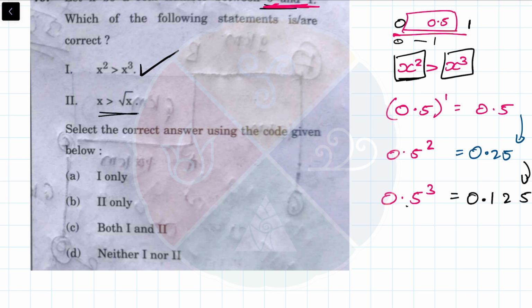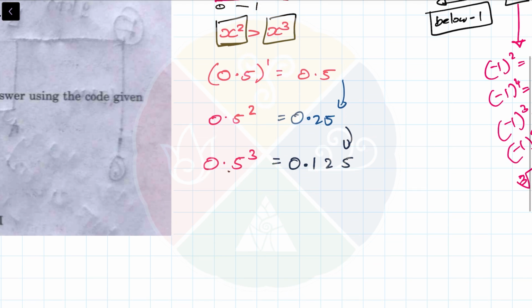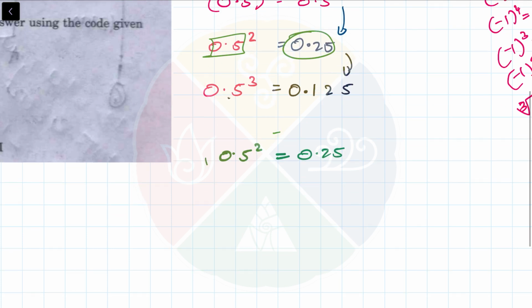Now, they are saying that x is greater than root x. Actually, this is not true. The easiest way to check is to take a value, because we already know the result. 0.5 squared is 0.25. If I take the square root on both sides, it becomes 0.5 equals the square root of 0.25.